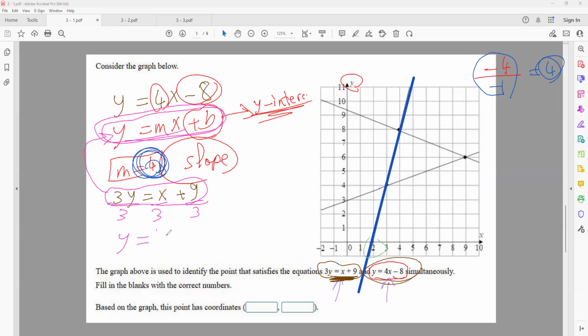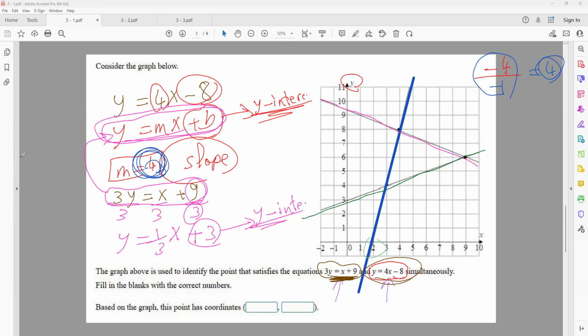Then it will be y equal 1 over 3 x plus 3, because 9 over 3 is 3. What does this 3 represent? The y-intercept. Which of these lines intercepts the y-axis at point 3? The pink line or the green line?